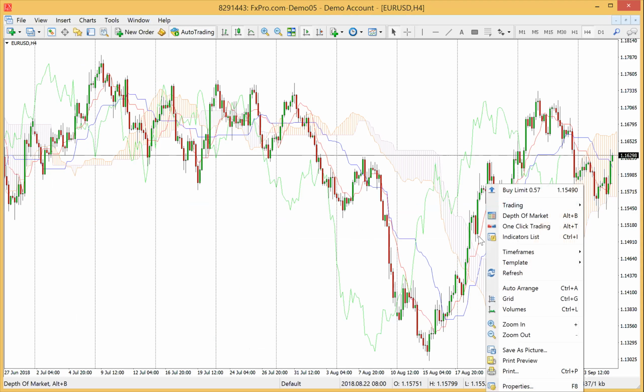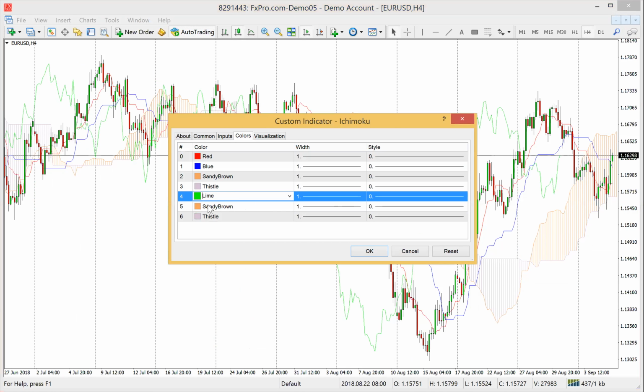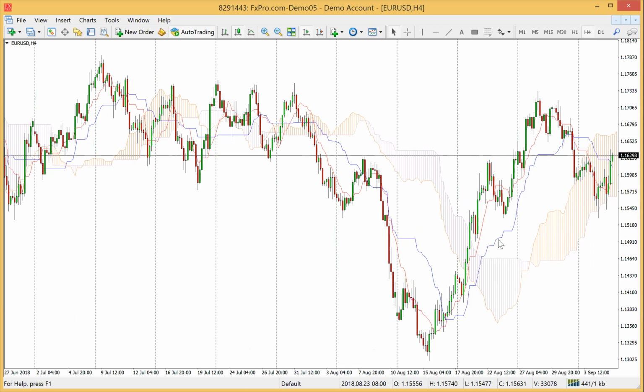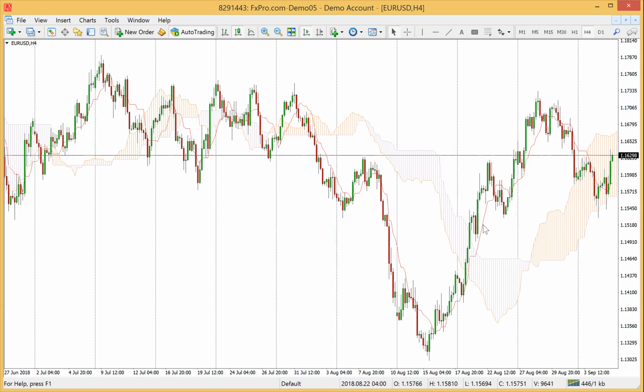So remove the green. Remove the blue. Remove.